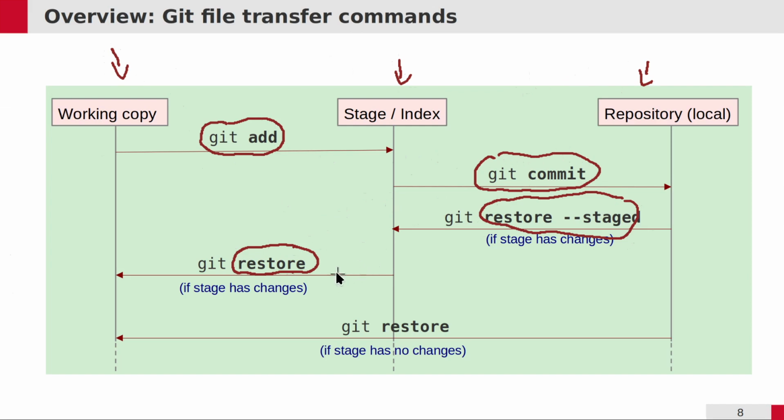Depending on whether the stage has changes or not, either the file is transferred from the stage to the working copy or from the repository to the working copy. So this should give you a small overview about the possible commands to transfer things between working copy, stage (index), and the local repository.